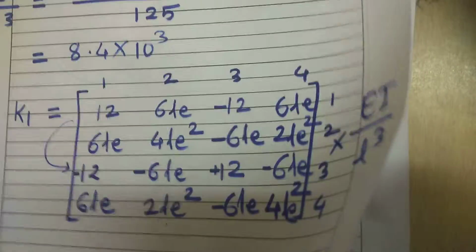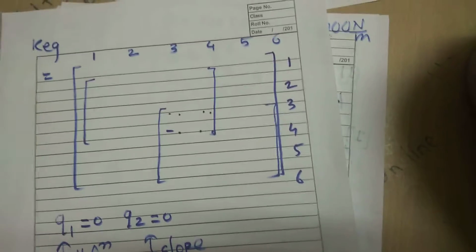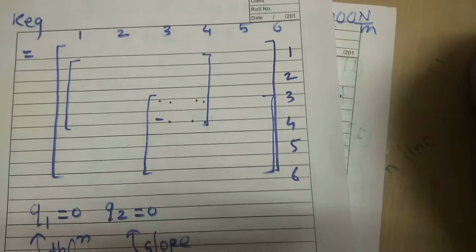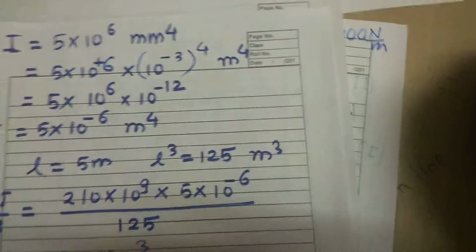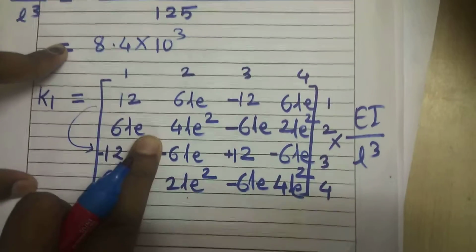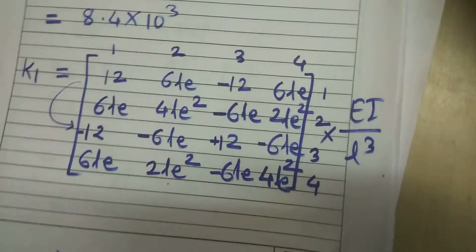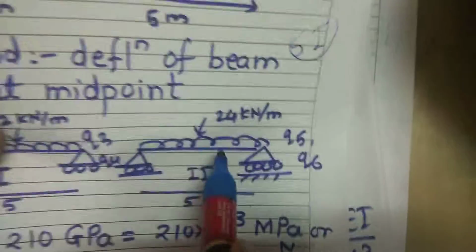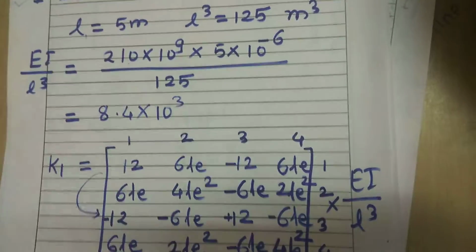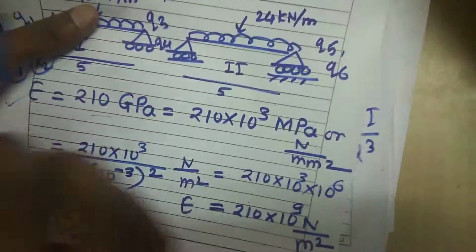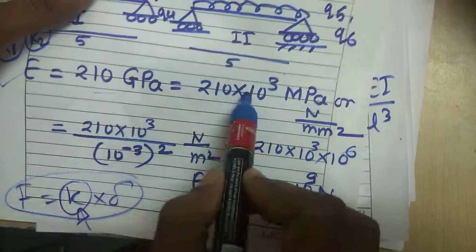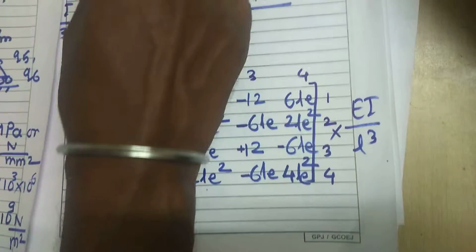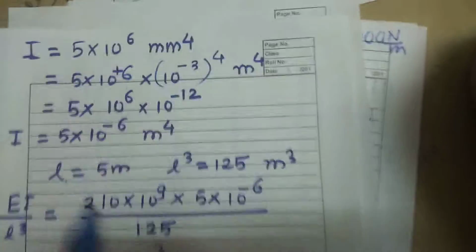Then we are going to find K2. We have found the value of K1, then we must find the value of K2. K1 is the elemental stiffness matrix for element 1 and K2 is the elemental stiffness matrix for this element. In this element the Young's modulus will be the same E, the moment of inertia I will be the same, and the length of the beam is also the same, 5 meter.